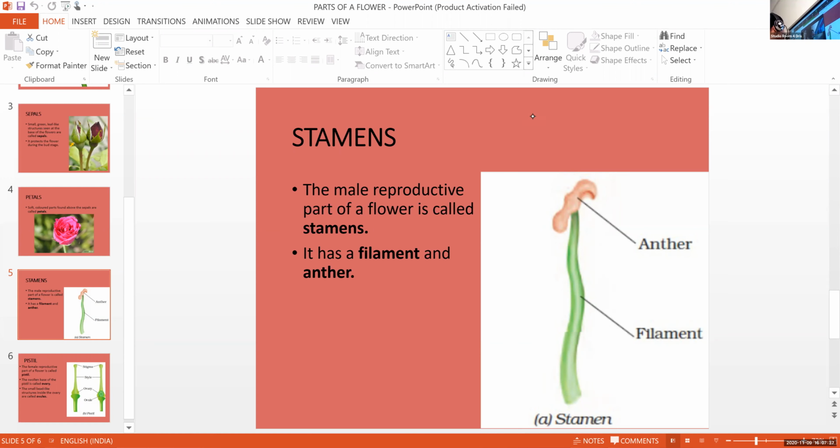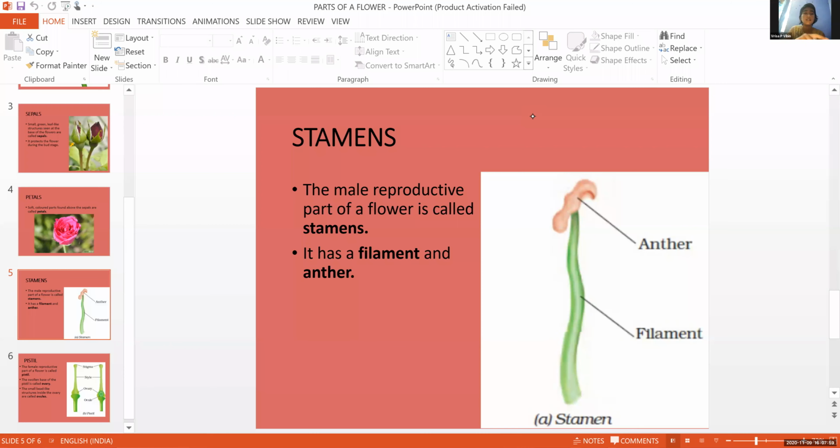The anther shape might differ, but this is the basic structure of a stamen. The stamen has a filament and an anther. Remember that. Now you can write down.